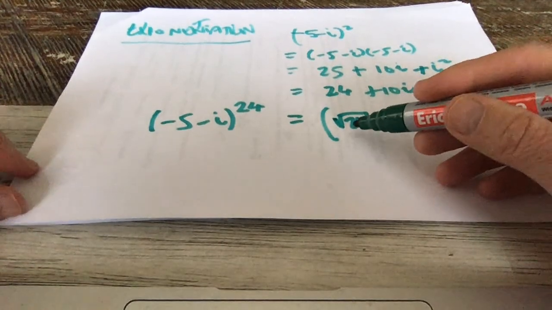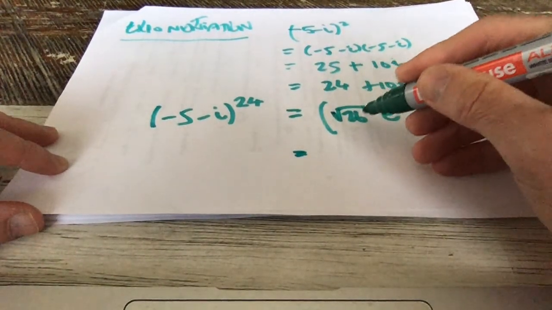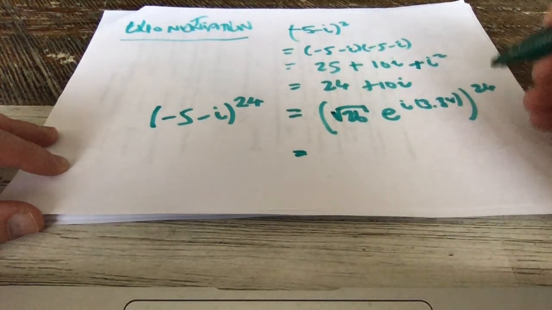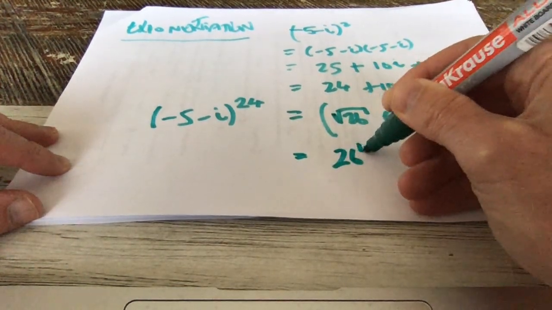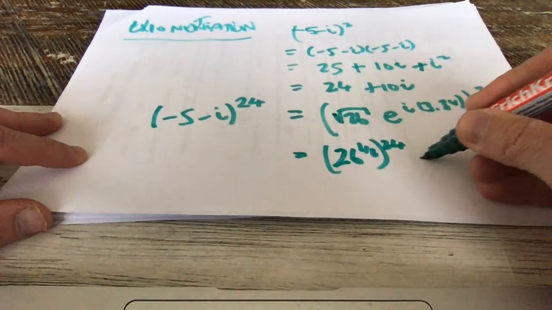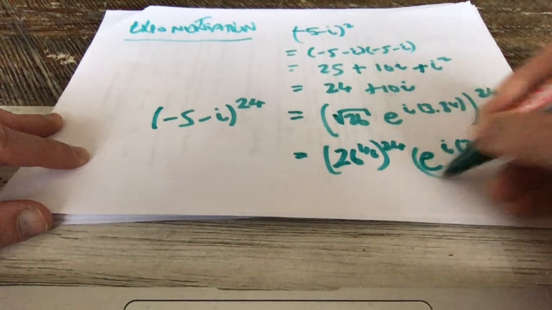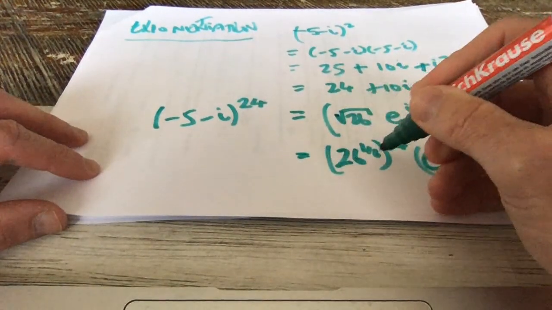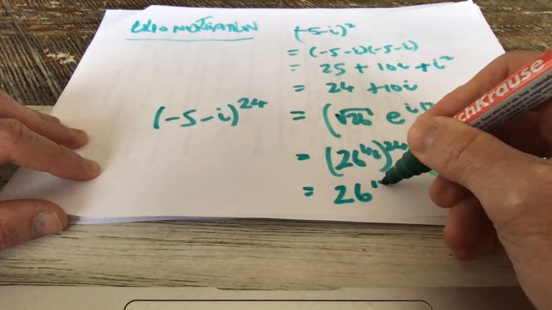Square root of 26 is 26 to the power of a half. You're multiplying the modulus by the exponential, in brackets, to a power. You can bring the power into each of the individual terms. So that's 26 to the power of a half, to the power of 24, times exponential i 3.34 to the power of 24. So 24 times a half, that's 26 to the power of 12, folks, whatever that is. It's a big number.